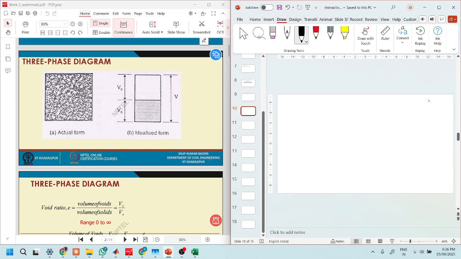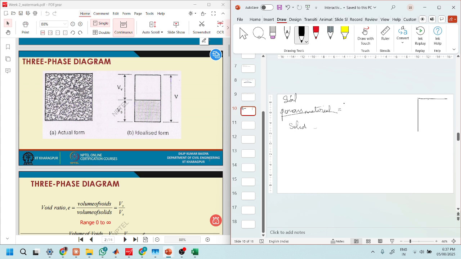soil will behave. What we basically think about is that soil is a granular material, and the difference between a porous material and a solid material is that the porous material will have voids.